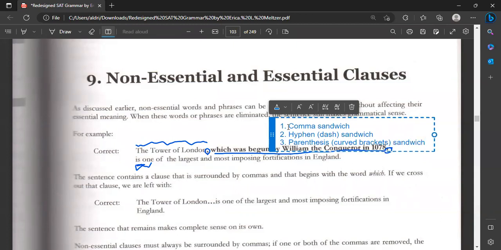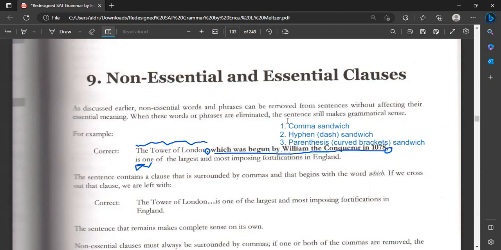We love to eat. All right, so we have a comma sandwich, a hyphen sandwich, and a sandwich of parentheses, right? When we say sandwich, again just to make sure we're all on the same page, we just mean you have the first thing and the last thing being the same, right?